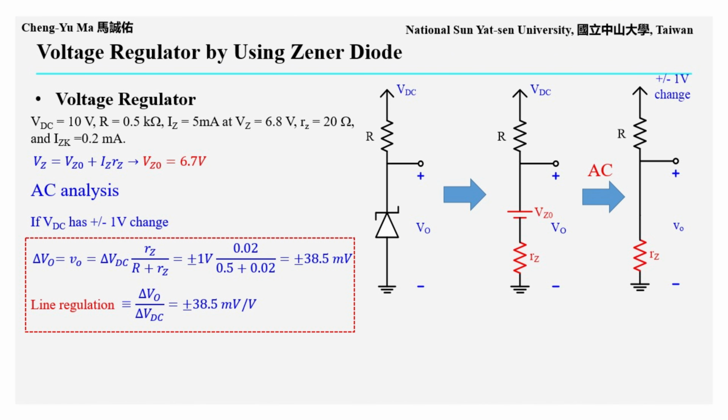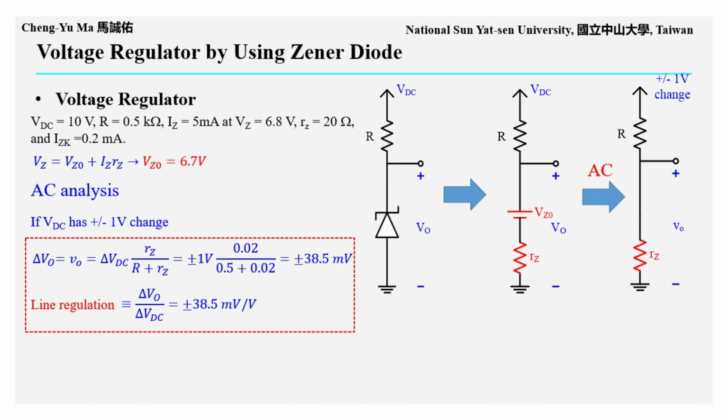Therefore, when the unstable VDC has a plus or minus 1 volt variation, the output voltage variation is delta VO equals delta VDC multiplied by RZ over R plus RZ. The fraction means RZ divided by the total series resistance, R plus RZ. Substituting the values gives plus or minus 1 volt times 0.02 over 0.5 plus 0.02, which equals plus or minus 38.5 millivolts.